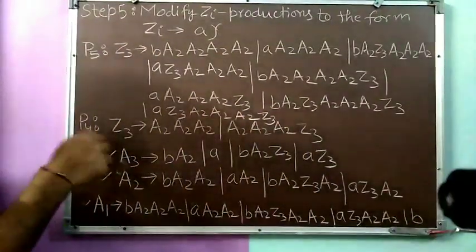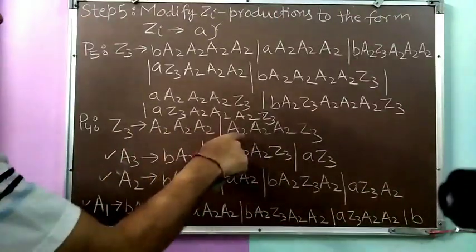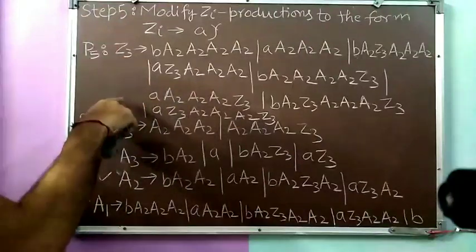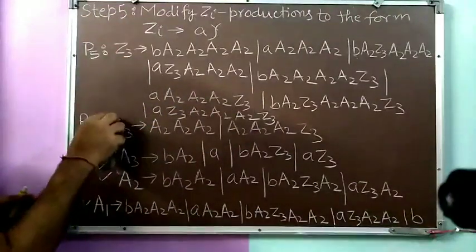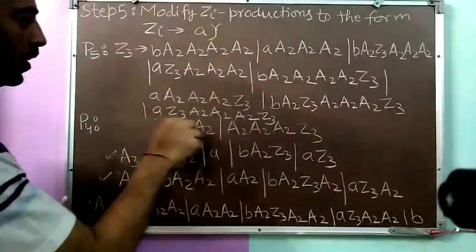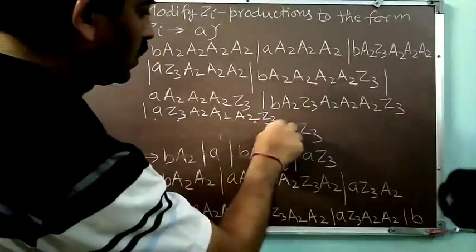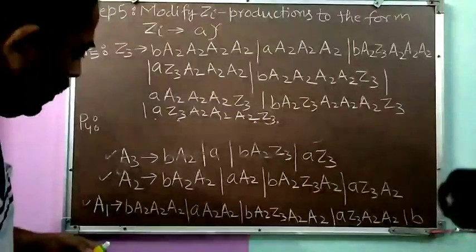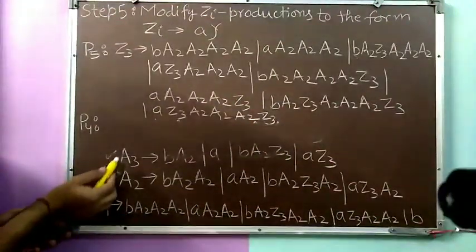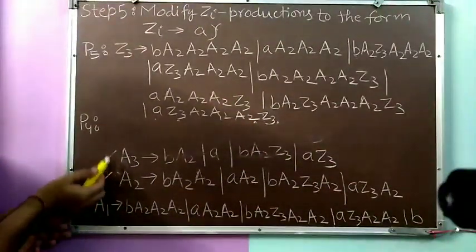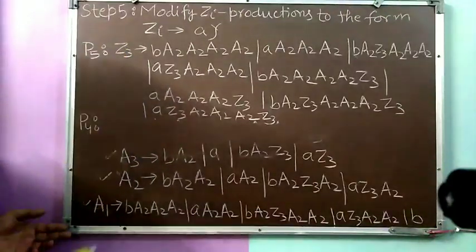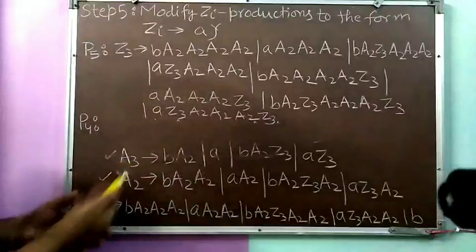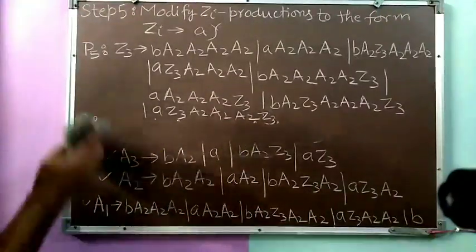So these two Z3 productions, which were starting with variables, have now been converted into 8 Z3 productions, all starting with a terminal. So we will remove these. All the productions in P4 for the variables A1, A2 and A3 will be included as they are in this P5, because they are all already in the required GNF format.